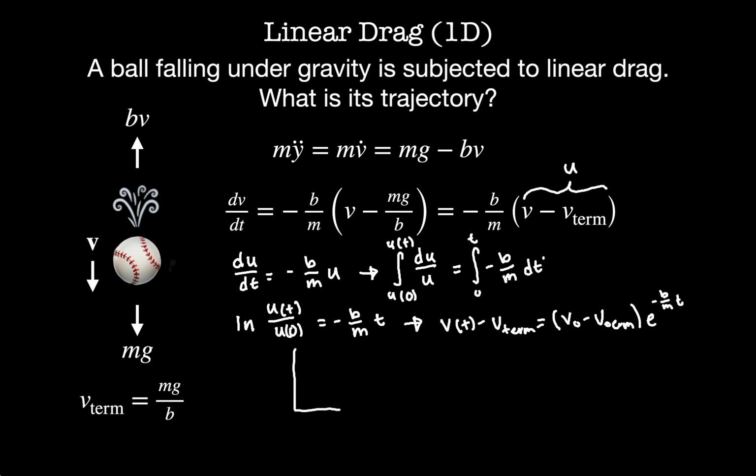So let me draw a little sketch of that. I've got my v term here and my v naught here. And so what this is, it starts at v naught and exponentially decays down to my terminal velocity. And if anyone has been skydiving, that is primarily what you would have felt.